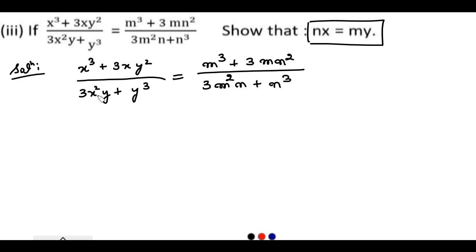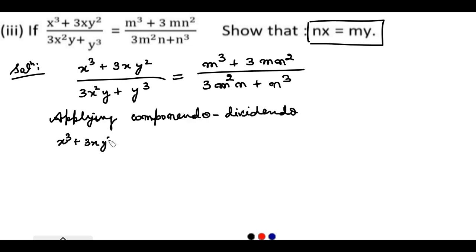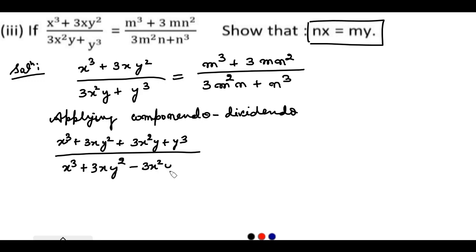It is a question from ratio and proportion. First of all, we are applying the componendo dividendo method. Numerator plus denominator divided by numerator minus denominator, similarly on the right hand side.